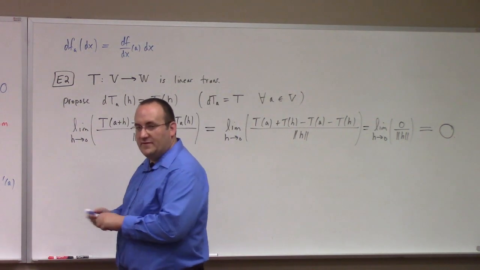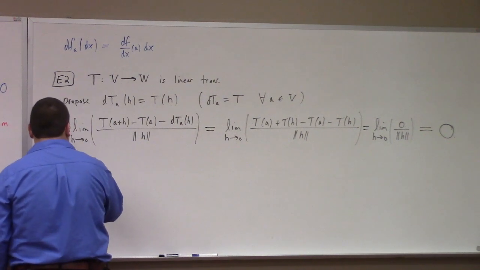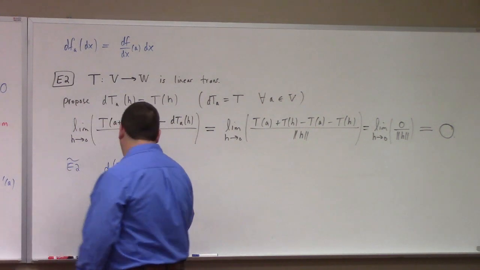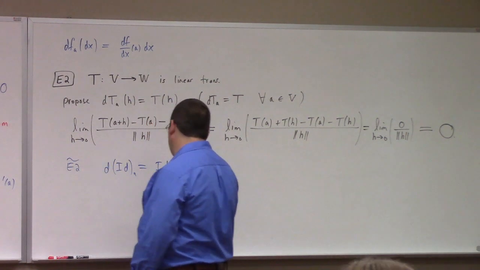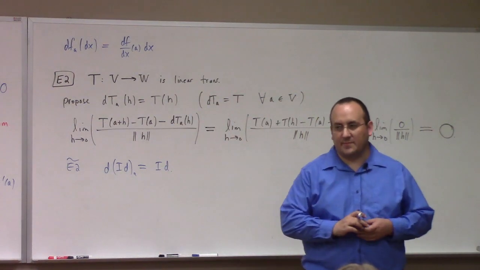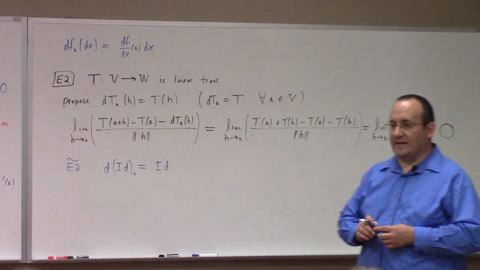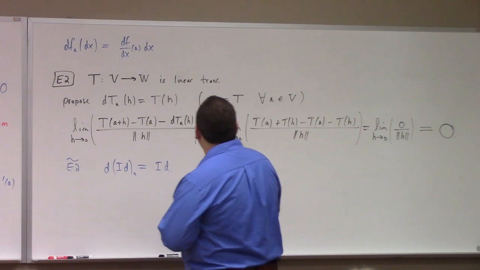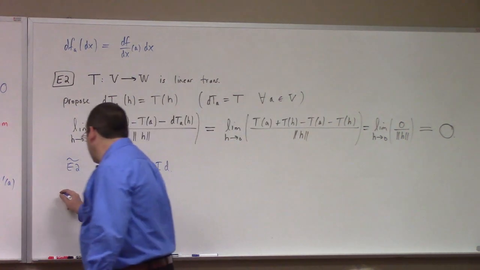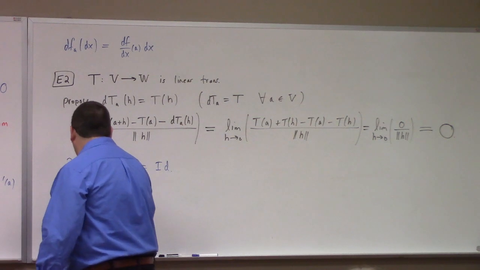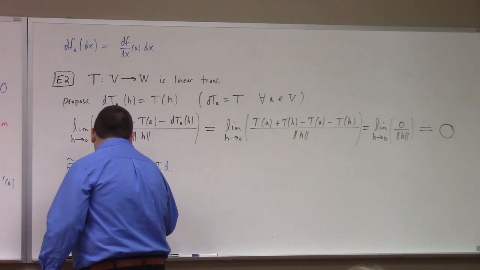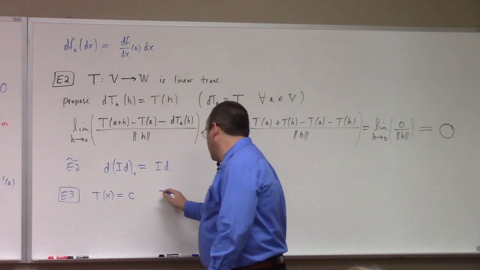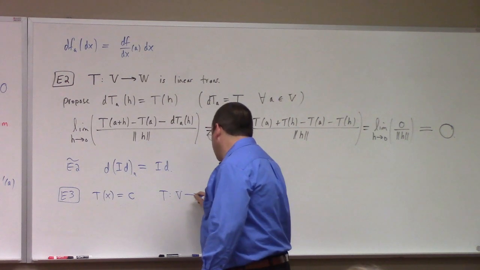Application of this. What's the derivative of the identity map? Right? So if I differentiate the identity map from V to V, I get the identity map again as an application of this. Let me just propose it, not work out the details, but what if I had f of x equal to a constant, where f is a mapping from V to W?